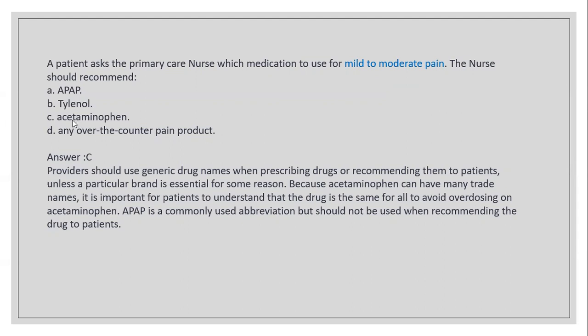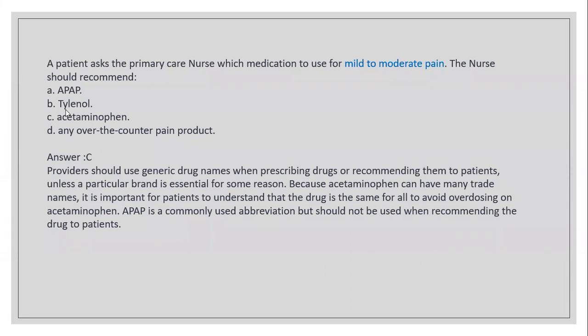So you can ask me why number B is not an answer and why number C is the answer, because Tylenol is also acetaminophen. Acetaminophen is the generic name, but Tylenol is the brand name.